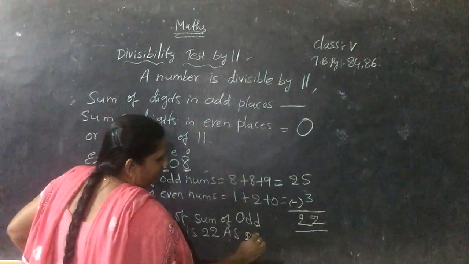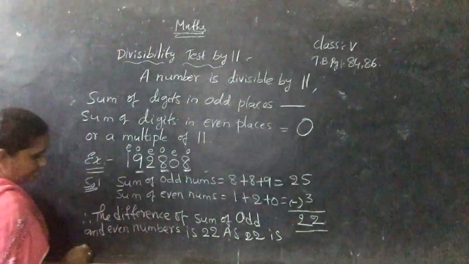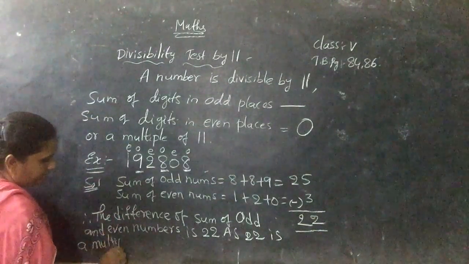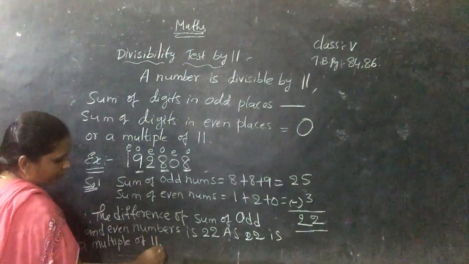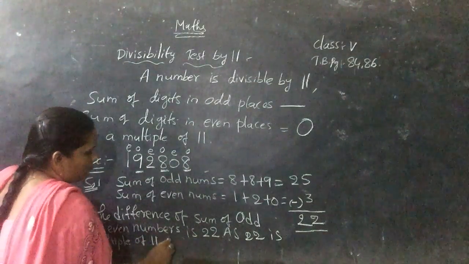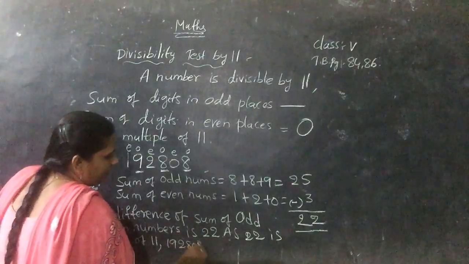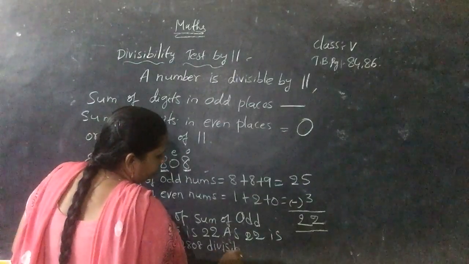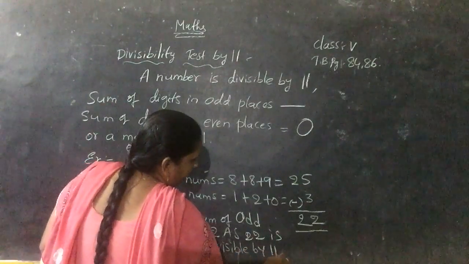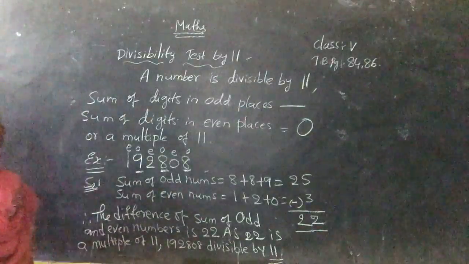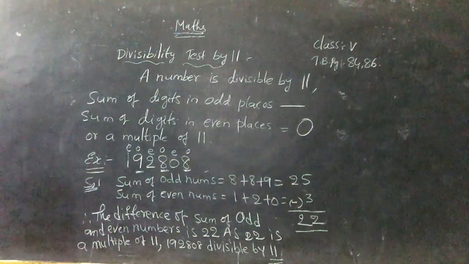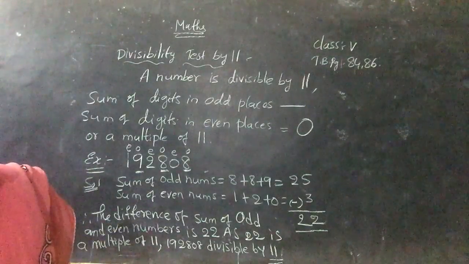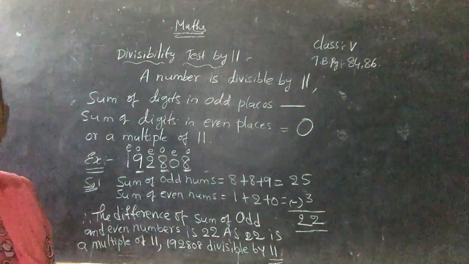As 22 is a multiple of 11, comma, 192,808 is divisible by 11. Okay, like that you have to do. And remaining sums of page number 84, remaining 4 sums are there, that also you have to do using the same concept.